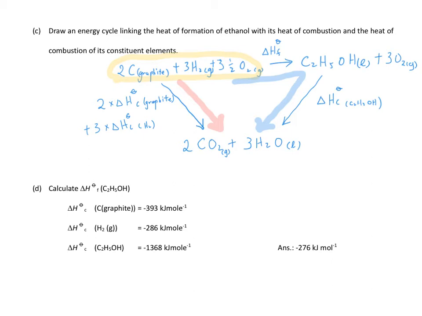And here, the delta HF plus the delta HC of ethanol is equal to the red arrow, the delta HC of graphite, and delta HC of H2.